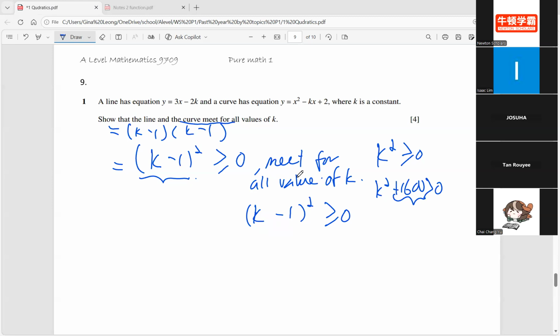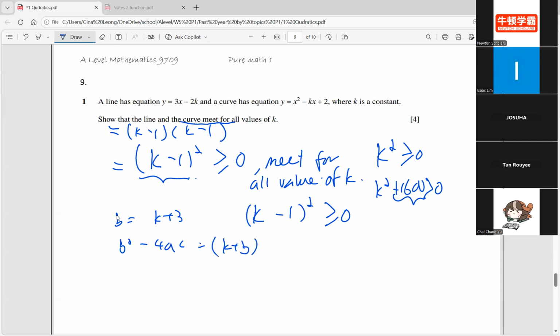Why did you put negative? Because your b is actually k plus 3. So b squared minus 4ac, you will get k plus 3, the whole thing squared, then after that minus 4ac. Then from here, you can simplify.